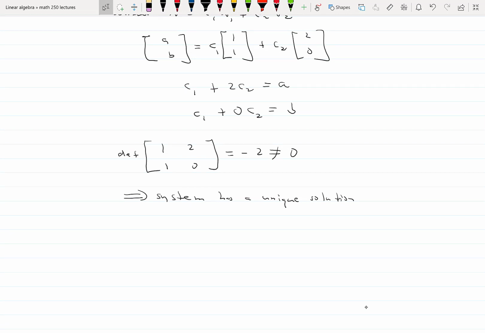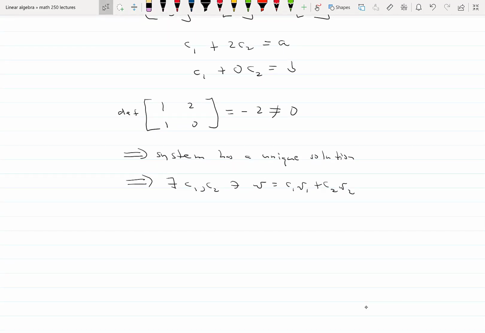If you have a square system, the same number of equations and unknowns, and the determinant of the coefficients is not 0, that means we have a unique solution. That implies the solution was the constants C1 and C2 that we were looking for. So there exist constants C1 and C2 such that V equals C1 V1 plus C2 V2.